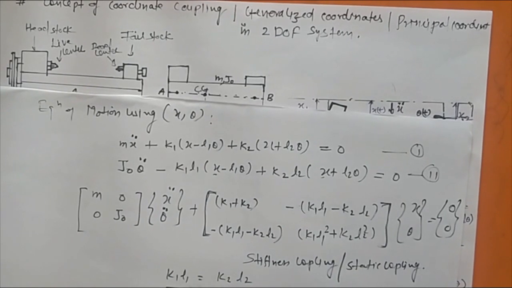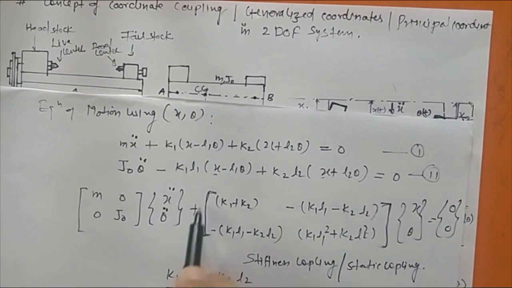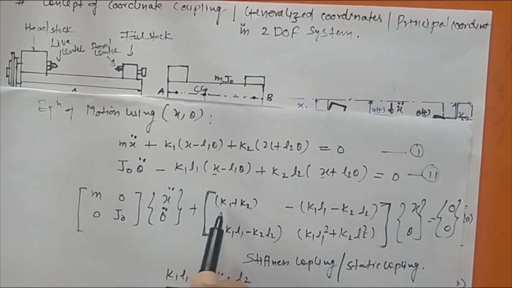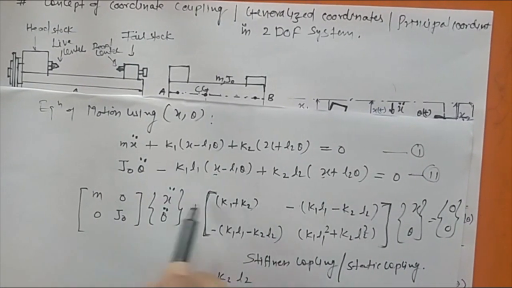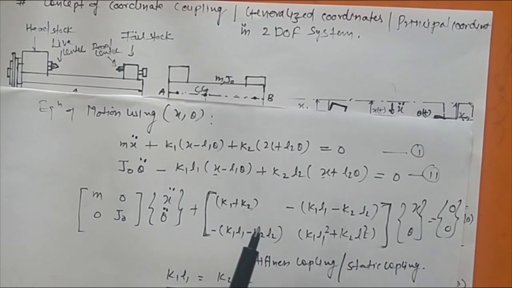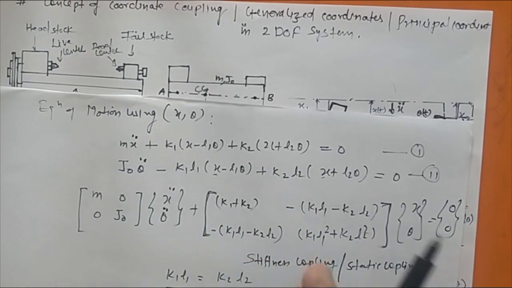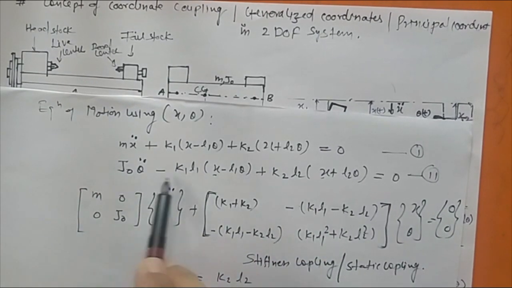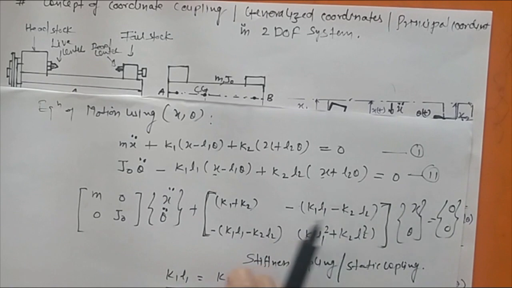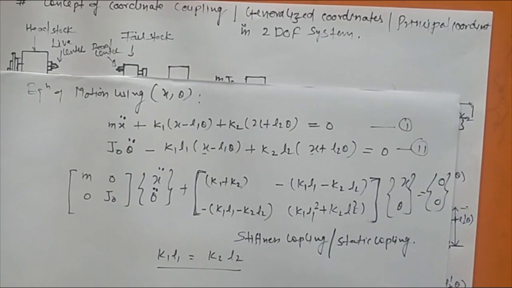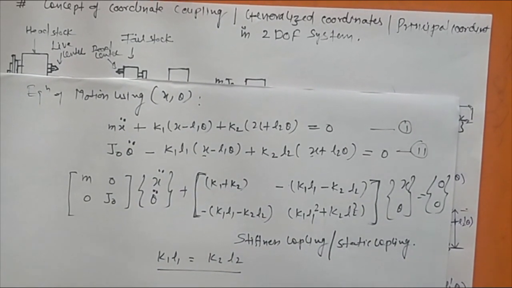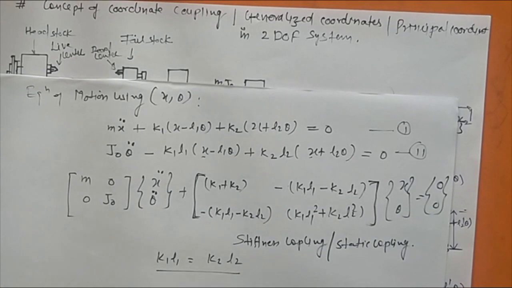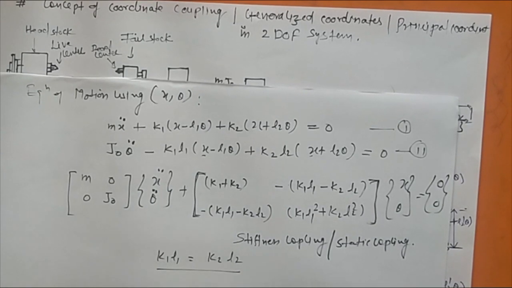If we apply this and write the equations from this matrix, you will see in the first equation there would be no theta, and in the rotational degree of freedom equation there would be no x. So we can say there is no coupling. Now we are going to discuss the meaning of coupling.